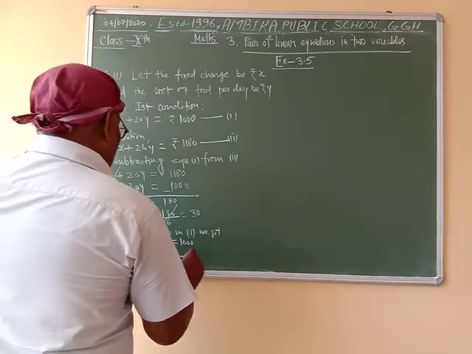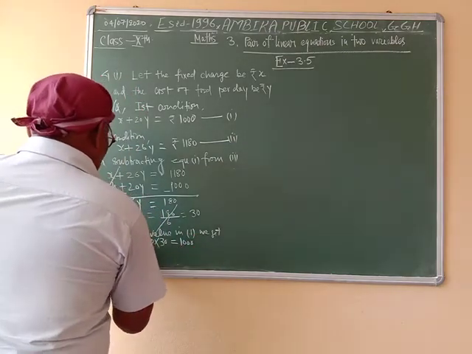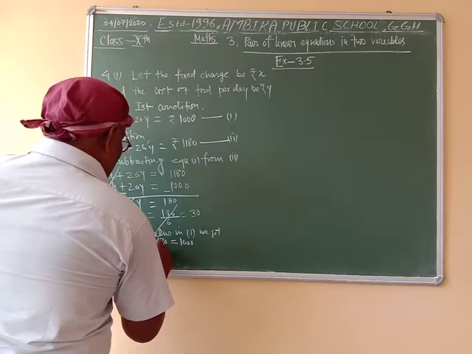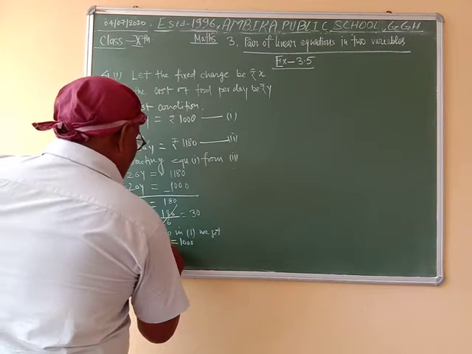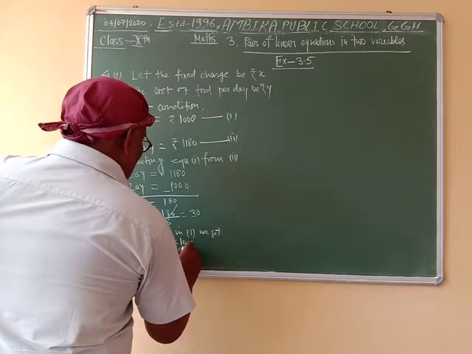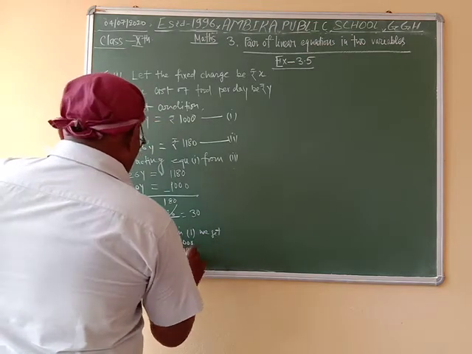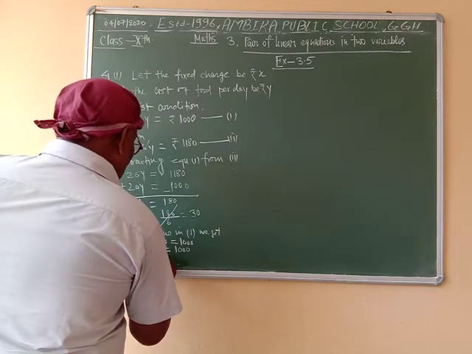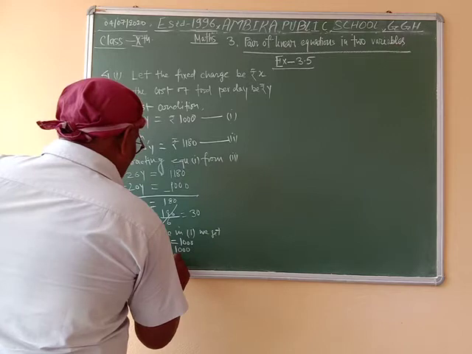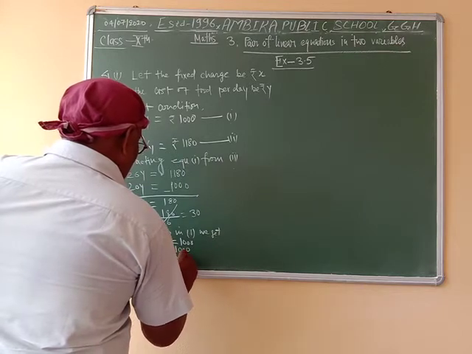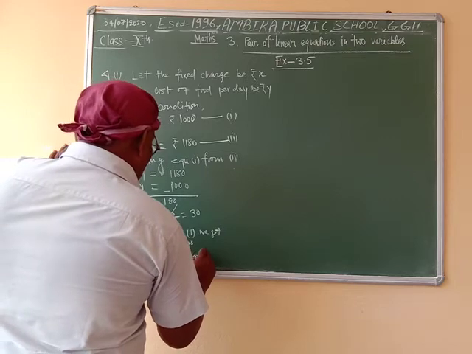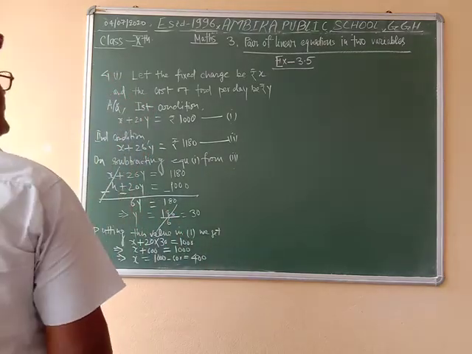X plus 600 is equal to 1000. X is equal to 1000 minus 600, which is equal to 400 rupees.